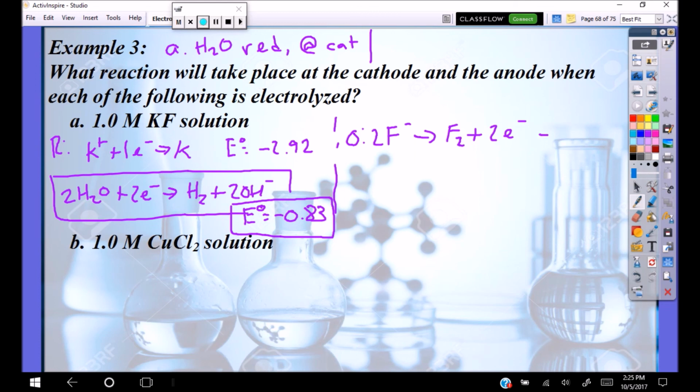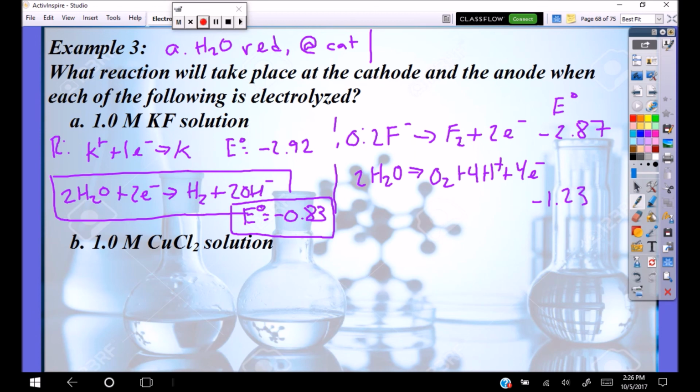That has a negative 2.87 cell potential. And if we look at the oxidation of water, 2H2O going to O2, 4H plus, and 4 electrons, this is the E value here. The E for the water oxidation is negative 1.23.